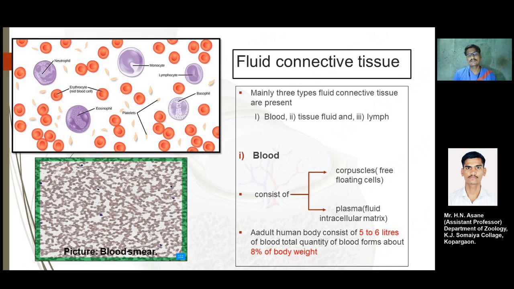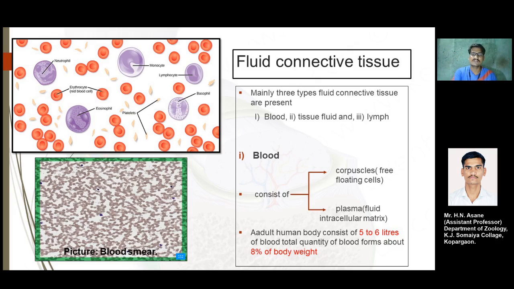An adult human body consists of 5 to 6 liters of blood, a total quantity of about 8% of the person's weight.